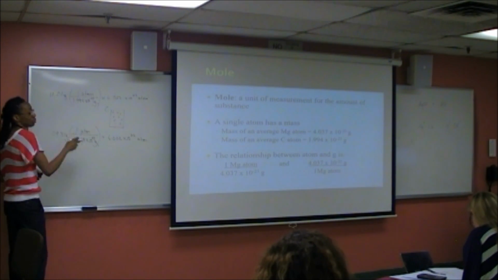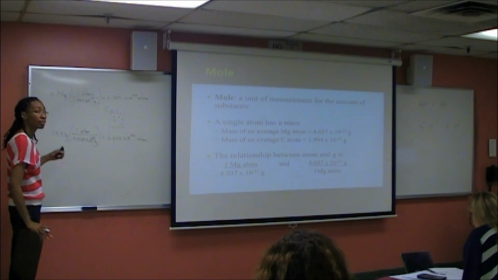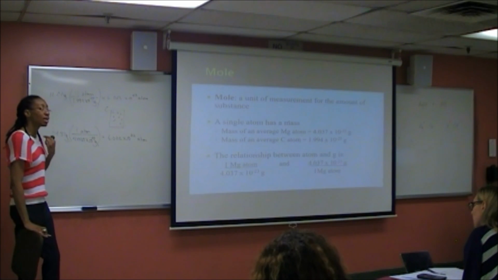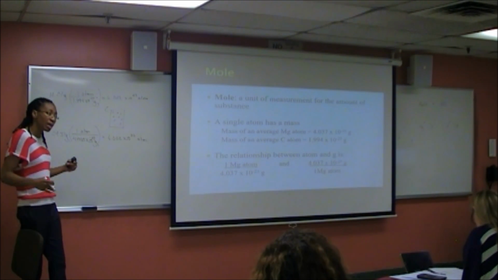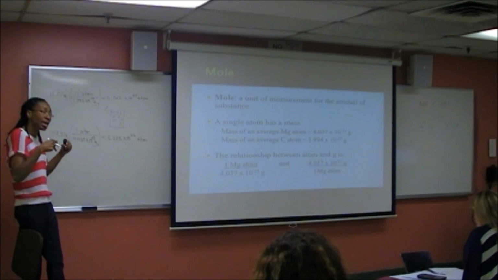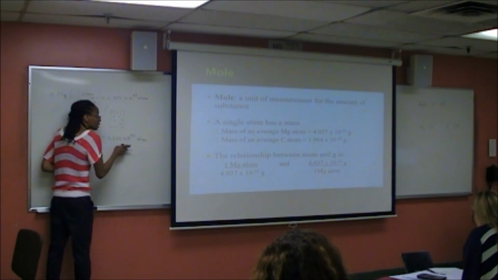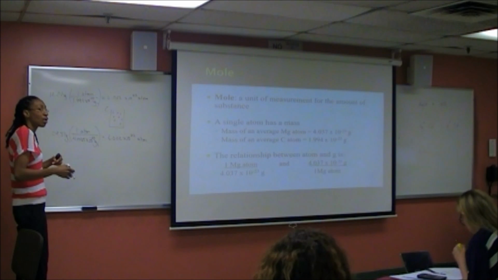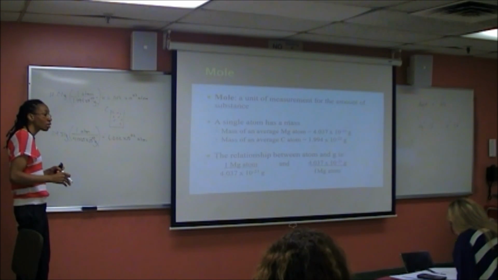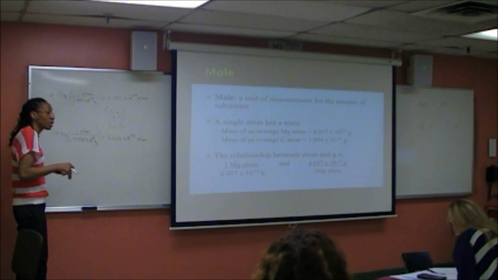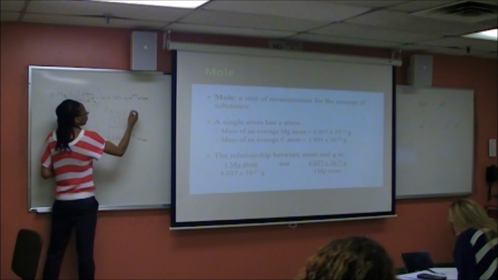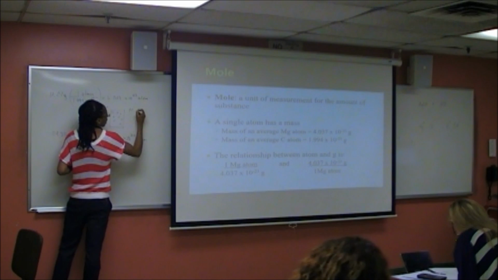So what does this tell you? Same. So all of the elements on the periodic table contain the same amount of atoms. Remember, you think of it, all the elements are this little box.